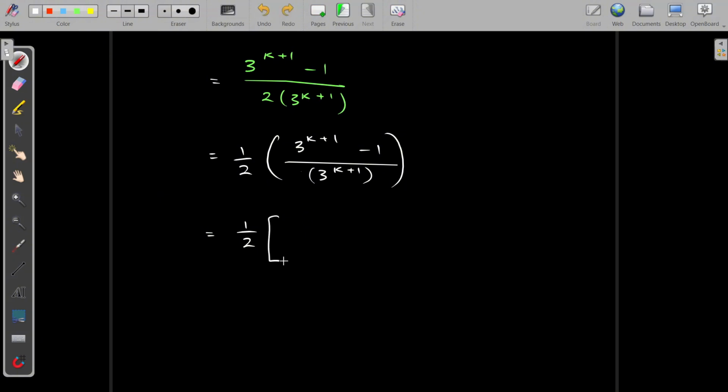Use square brackets. 3 to the k plus 1 minus 1. All of this is being multiplied by 3 to the negative k plus 1. So following so far?